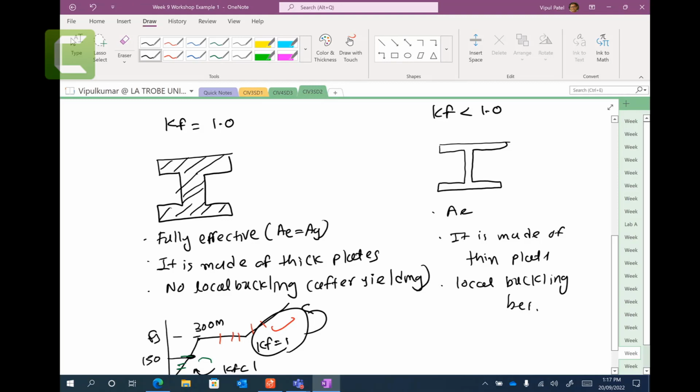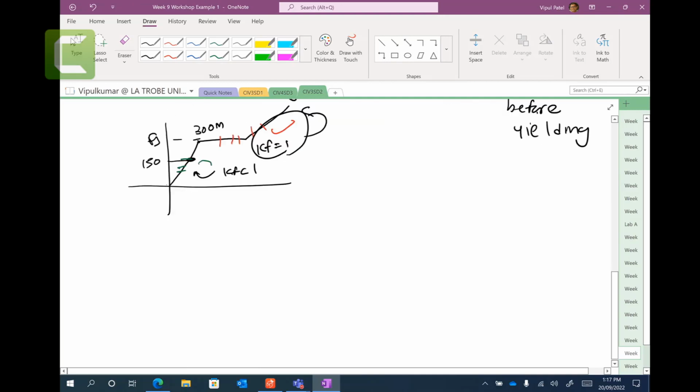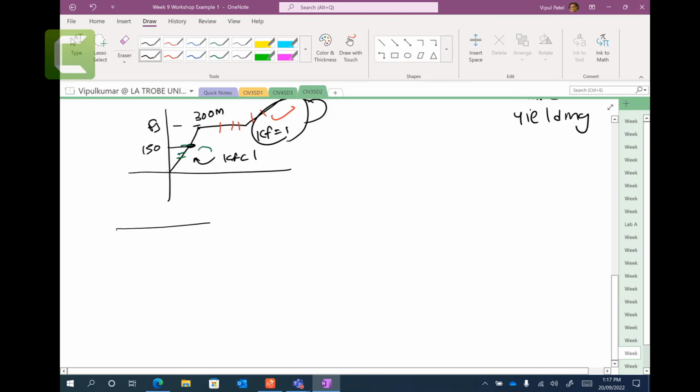I hope it makes sense. The story about KF is not just blindly following the equations, but knowing what it physically means. For this case, they have given you this universal beam where you have a flange.